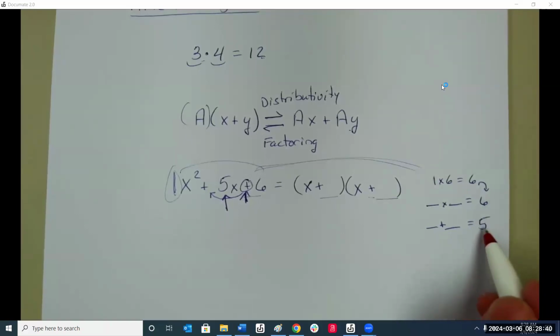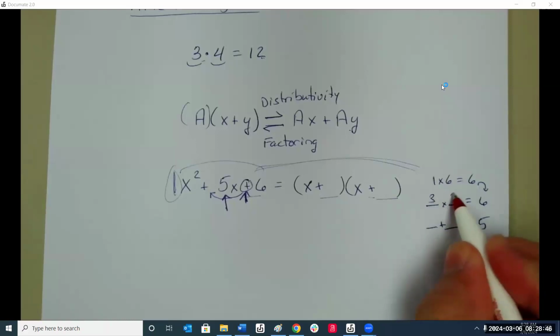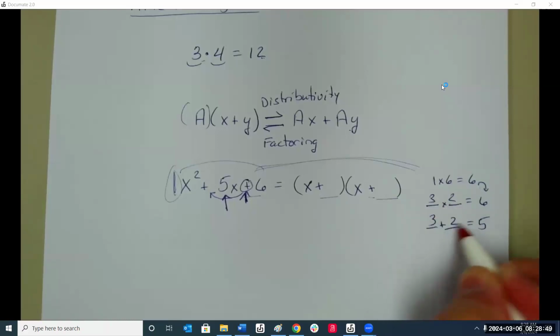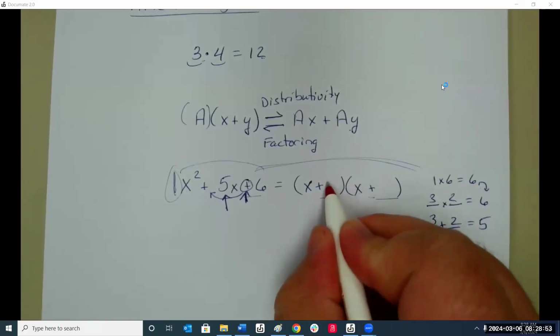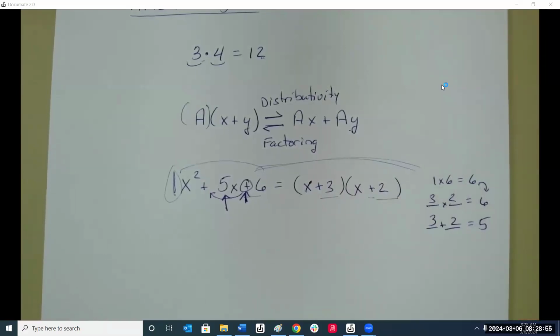What times what is 6 when you add them, you get 5? 3 times 2, or 3 and 2, both plus, 2 times 3, yeah. And since they're both the same signs, it doesn't matter which one goes where.